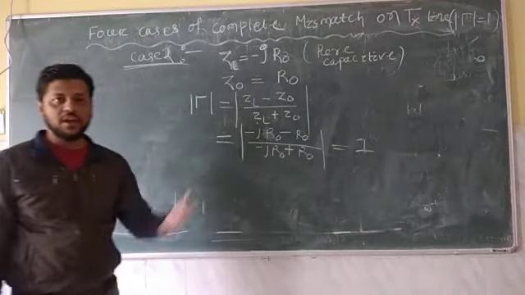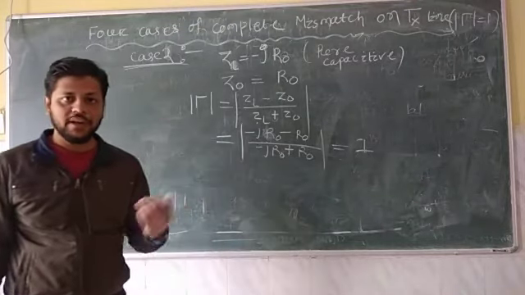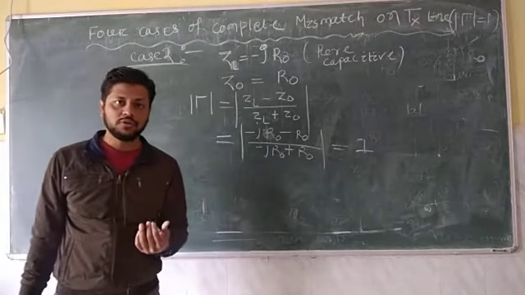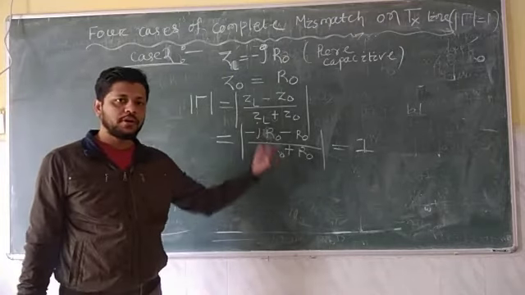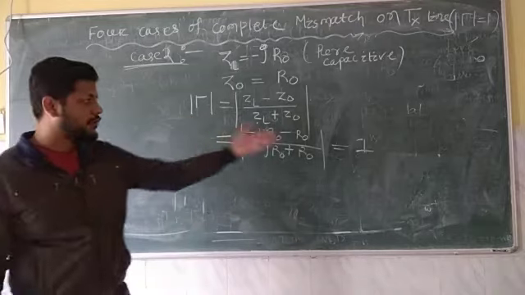Just apply the formula: A mod by B mod, separate them, and the magnitude of A plus or minus JB is the square root of A square plus B square. So numerator is equal to denominator, that will cancel out, and we end up with gamma magnitude equal to 1.